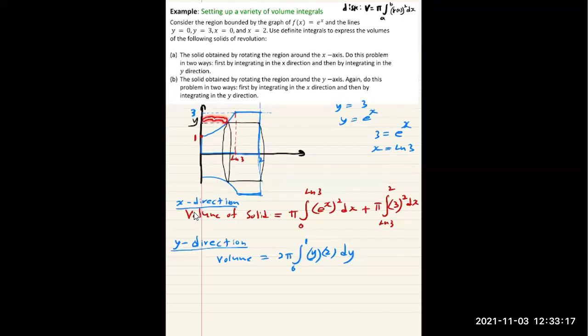You can find that length by finding the inverse of this function. This is the graph of the function y is equal to e to the power x. That means x is equal to ln y.